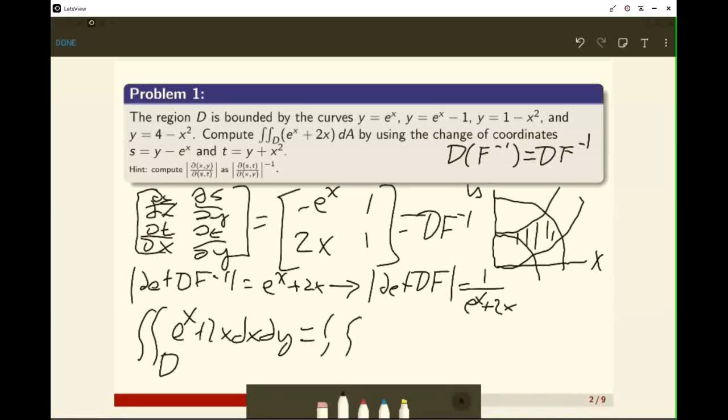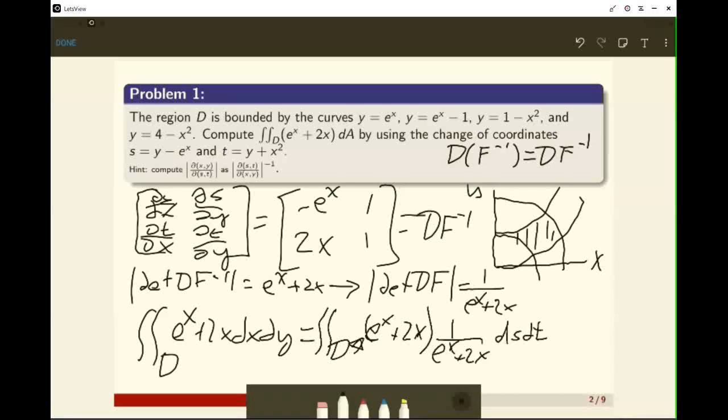We'll settle the bounds in a second. We'll do the integral over D star of e to the x plus 2x, our function that we would want to find in terms of s and t, but we don't know how, times our area element, absolute value determinant df, which was 1 over that, and then ds and dt.